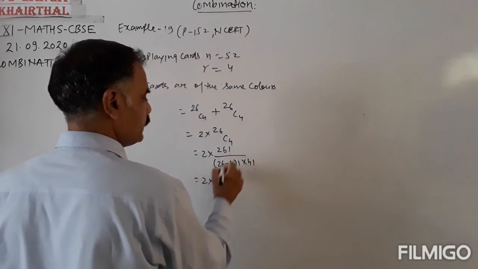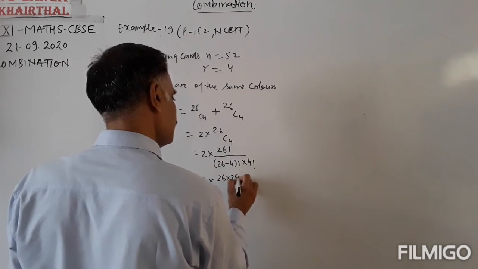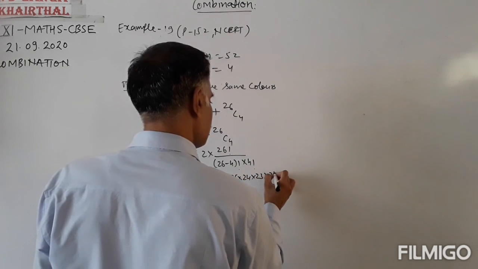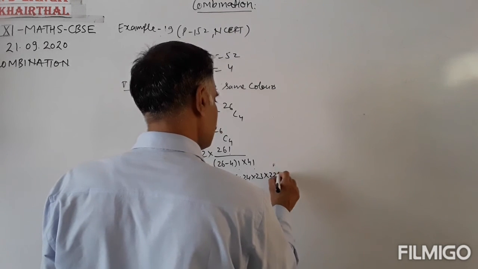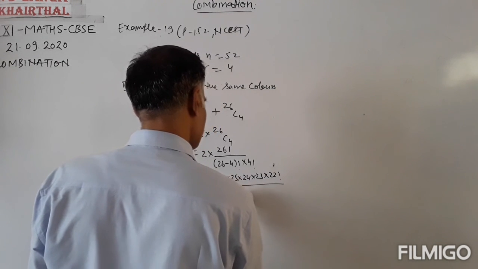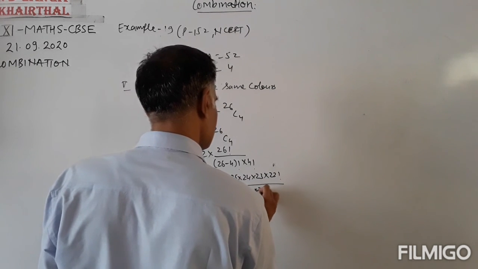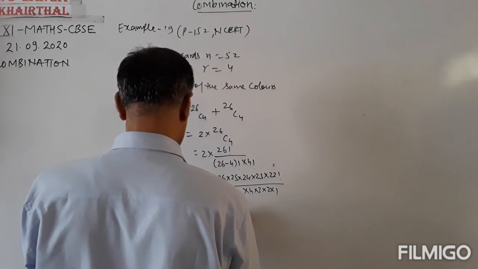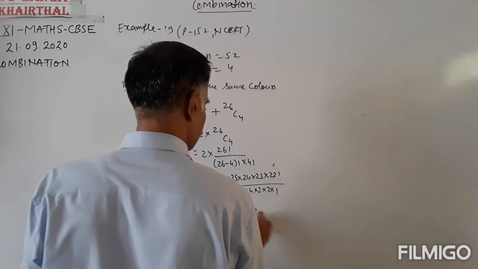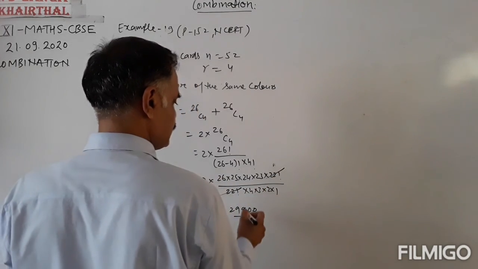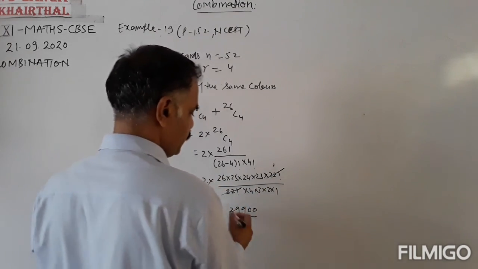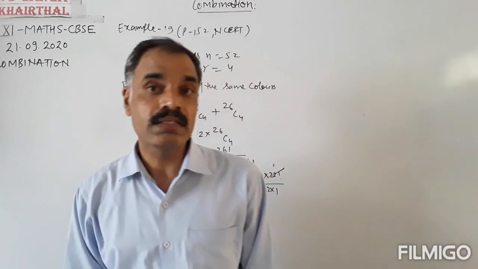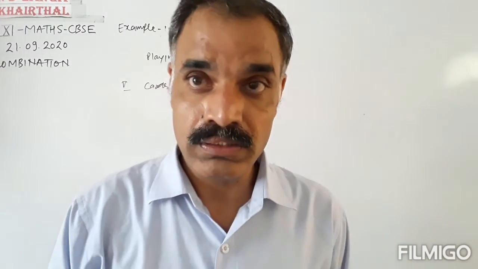So 2 into 26 into 25 into 24 into 23 into 22 factorial upon 22 factorial into 4 into 3 into 2 into 1. After solving this, we will have 29900 combinations or selections. Okay, thank you.